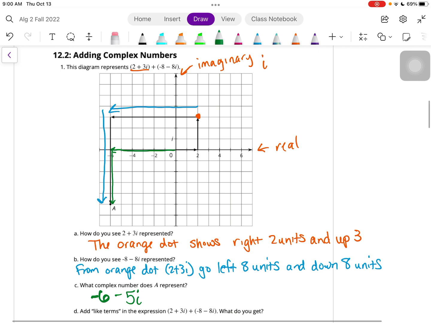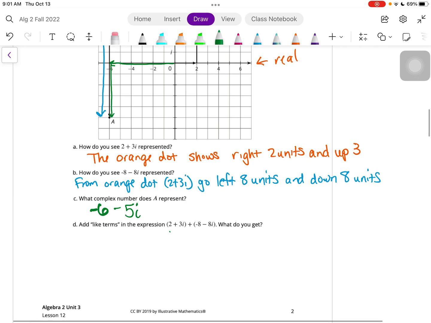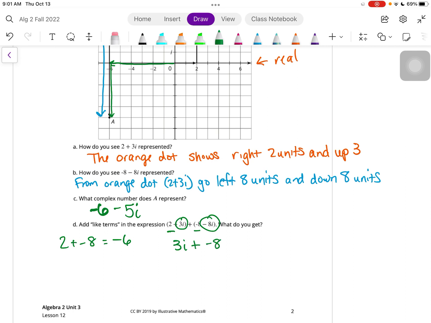But let's take a look algebraically at how we could add these two values, right? So we have 2 plus negative 8. 2 plus negative 8 is negative 6. And then we have 3i and negative 8i. So we have 3i plus negative 8i, and that gives us negative 5i.